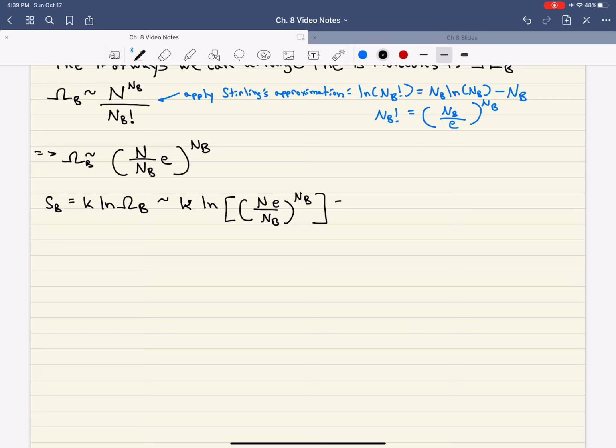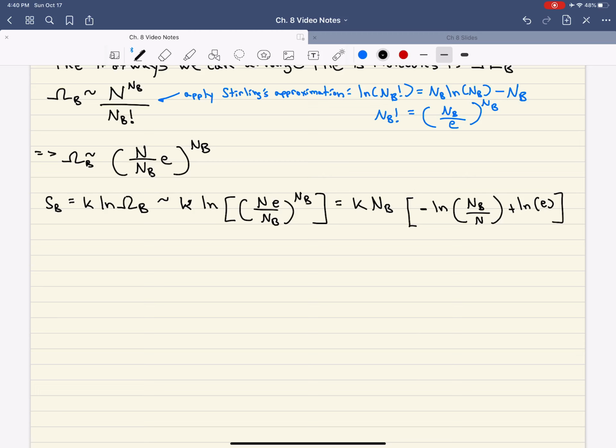If we play along with our log rules, we could bring this nb exponent down to the outside, and we could also split up the natural logs here. Okay? So for this first natural log, I'm going to write it like this, and it's negative because nb and n positions were flipped originally, so I flipped them around. And then I'm going to split off the natural log of e over here.